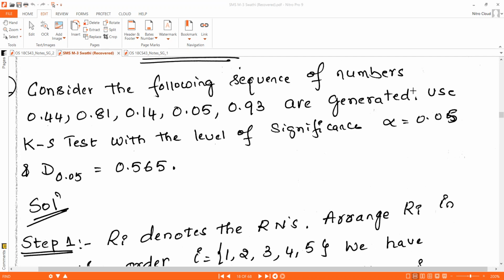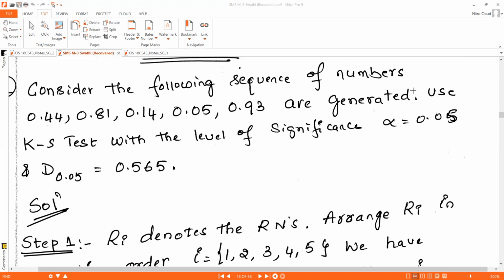Consider the following sequence of generated numbers, and use the KS test with the level of significance alpha equal to 0.05 and D alpha equal to 0.565. Alpha value is 0.05, so D 0.05 value is equal to 0.565. Okay, this is the problem.